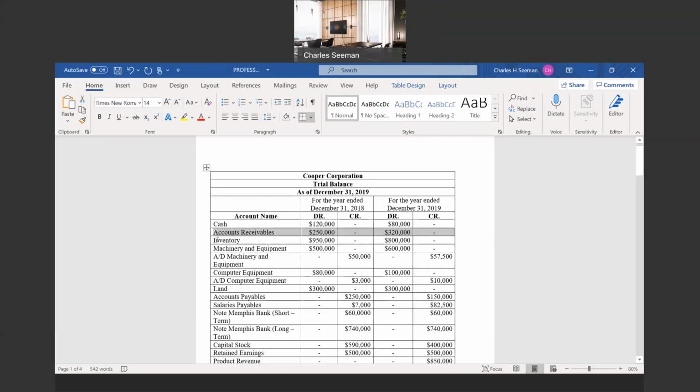The next one is inventory. Inventory went down from 950,000 to 800,000.